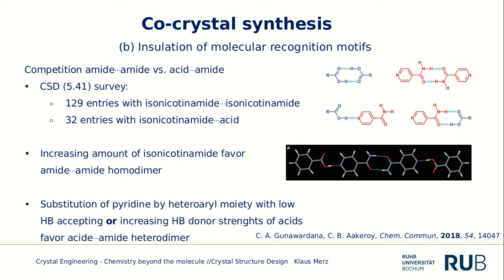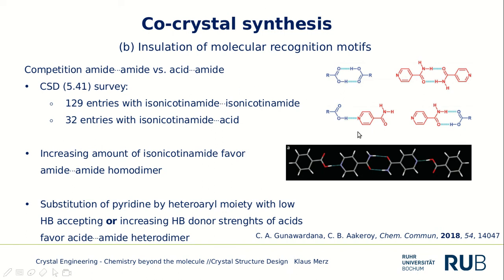You can tune the properties of your compounds. Substitution of pyridine by heteroaryl moieties with low hydrogen bond accepting ability is for an acceptor. On the other side, increasing the hydrogen bond donor strength of acids, you will get the acid amide heterodimer. Okay?